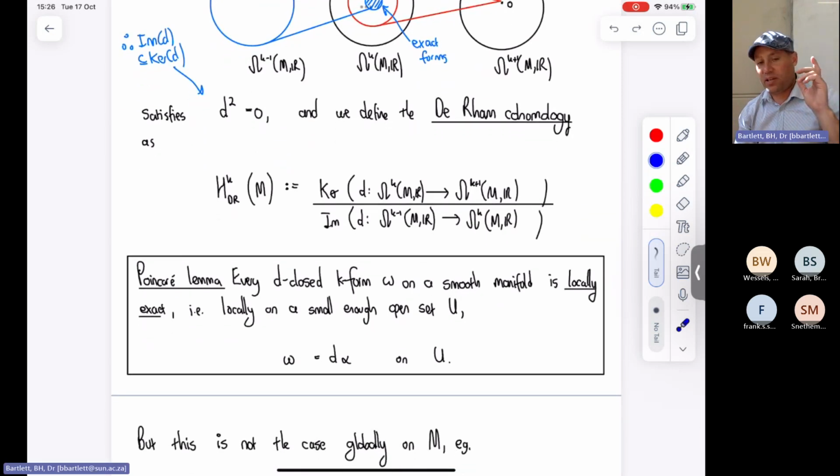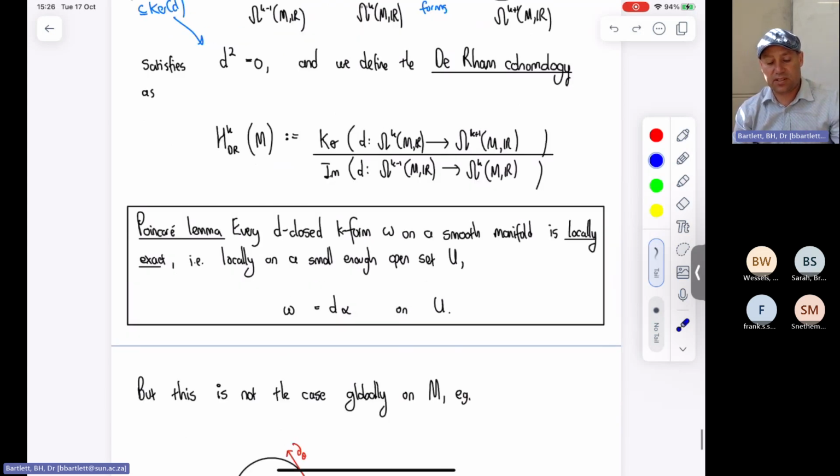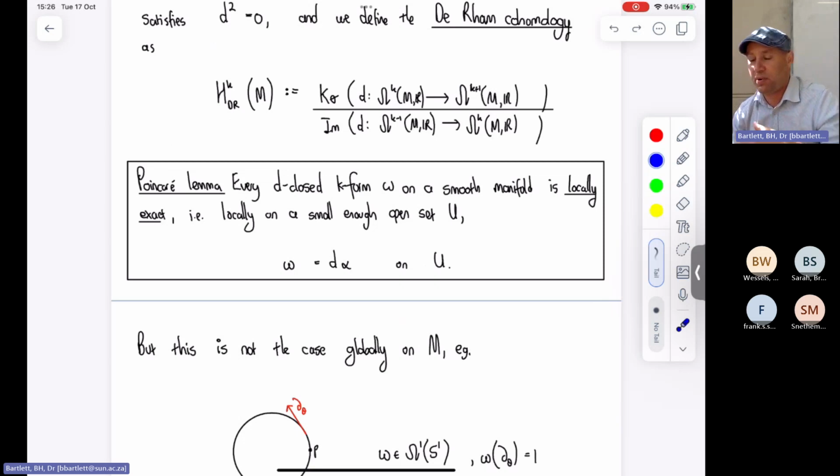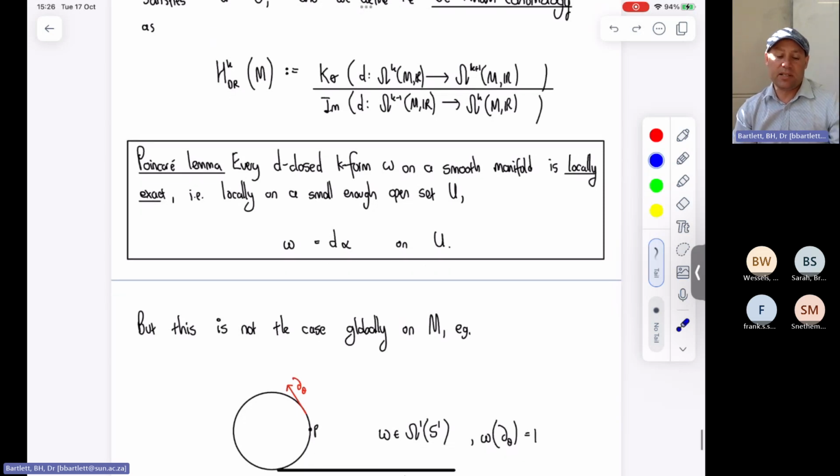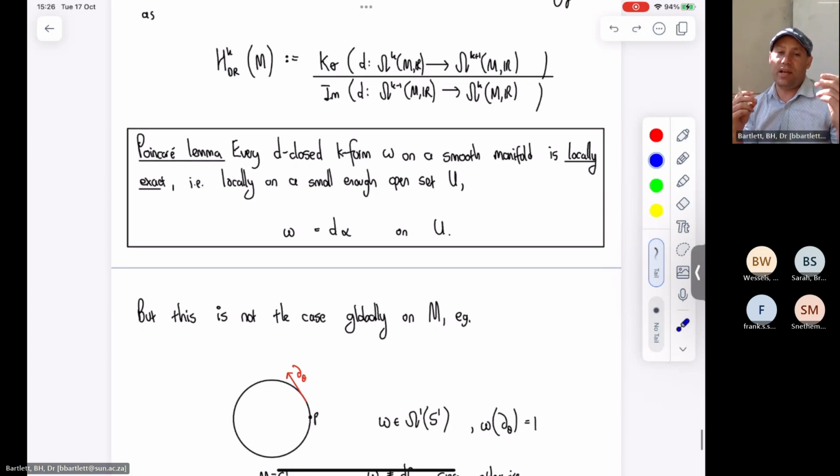So it's not necessarily the case that globally on M, every closed form is exact. Just a quick example. I don't really want to get into cohomology, but it is an important thing to know about. Take S1, the one-dimensional sphere, as our smooth manifold, and I'm going to give you an example of a one-form which is closed but not exact.